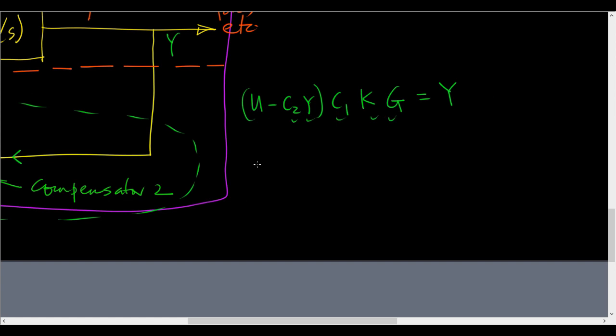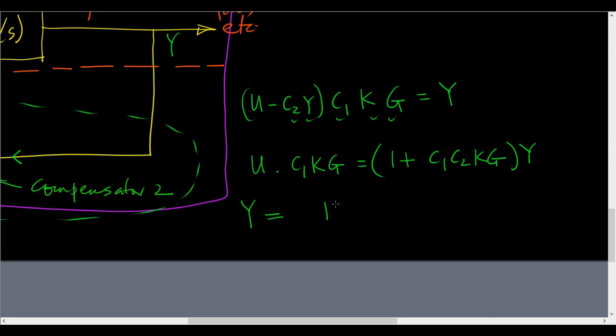So I will have u times C1 K G is equal to 1 plus C1 C2 K G times y, but then I will write it like this: y equals K C1 G over 1 plus K C1 C2 G times u.